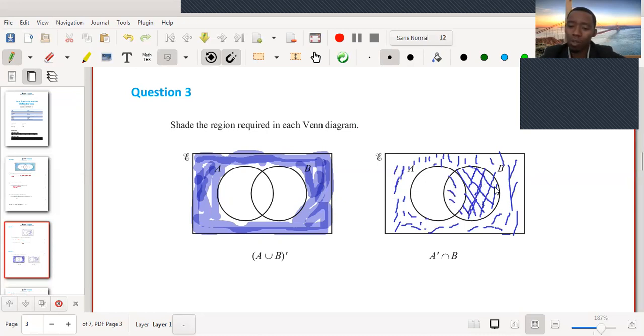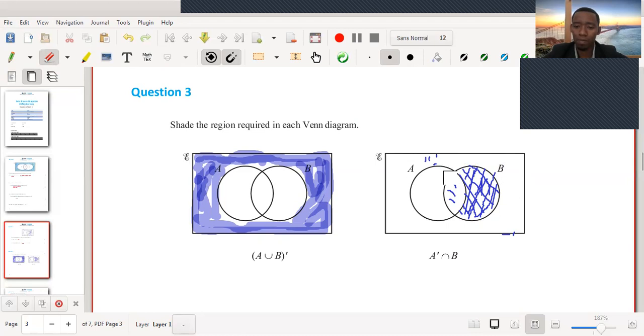This is the part we are looking for. So A complement intersection B is just here. So that was the answer. The answer is that part.